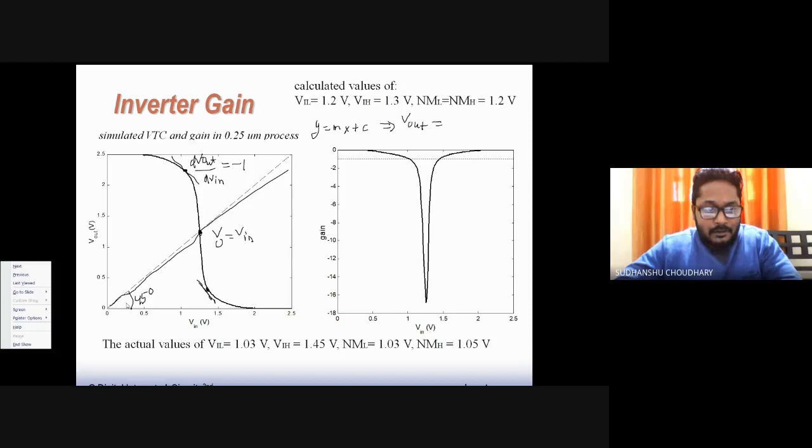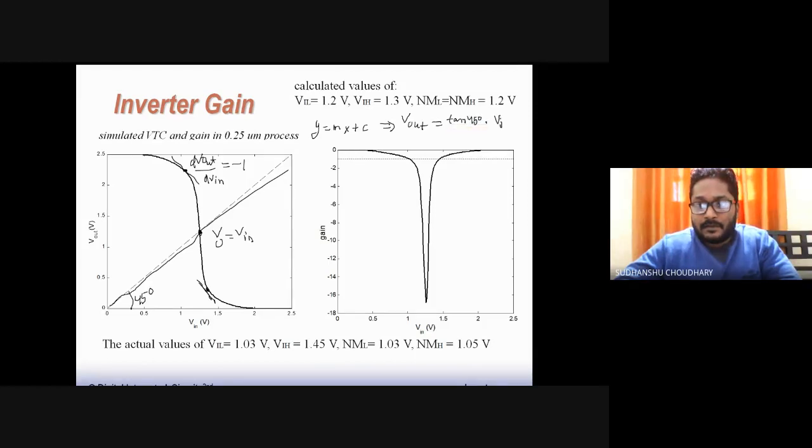So Vout is tan 45 degrees multiplied by Vin. This comes out to be Vout equal to Vin at this point.